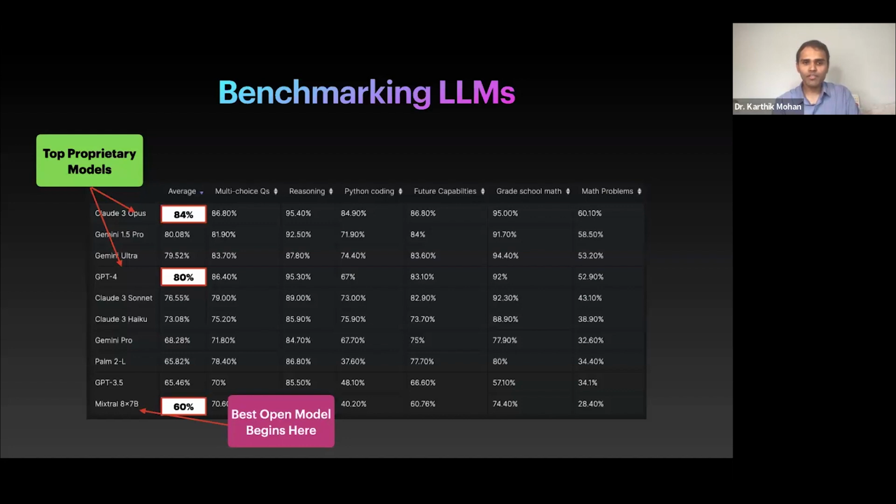And if you look at open models, they kind of lag behind, but they are catching up quickly. People are releasing open models that are doing really well. So there's going to be a gap, but probably the open models will catch up soon in the next few years. As of a few months back, Mixtral was 20 percentage points behind the best proprietary model.